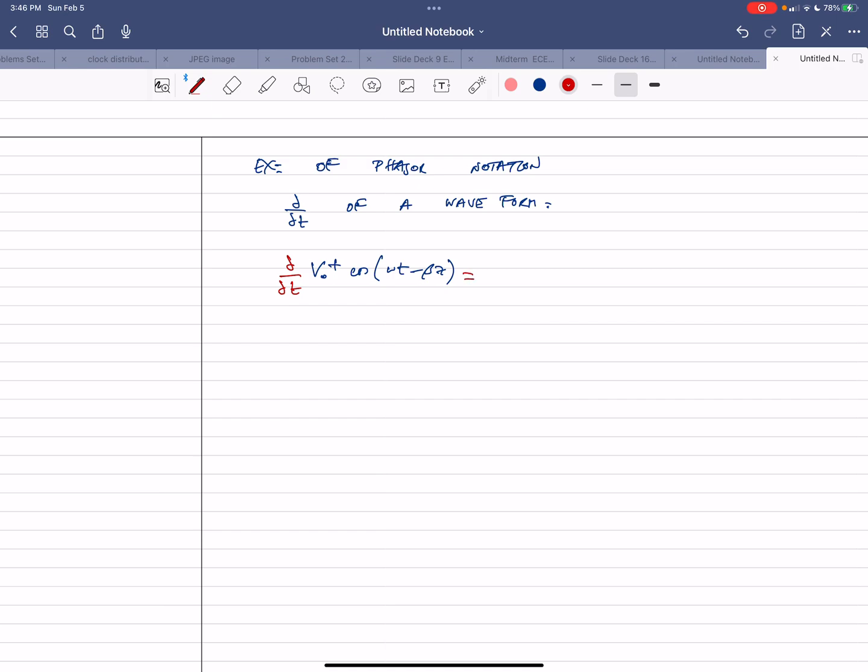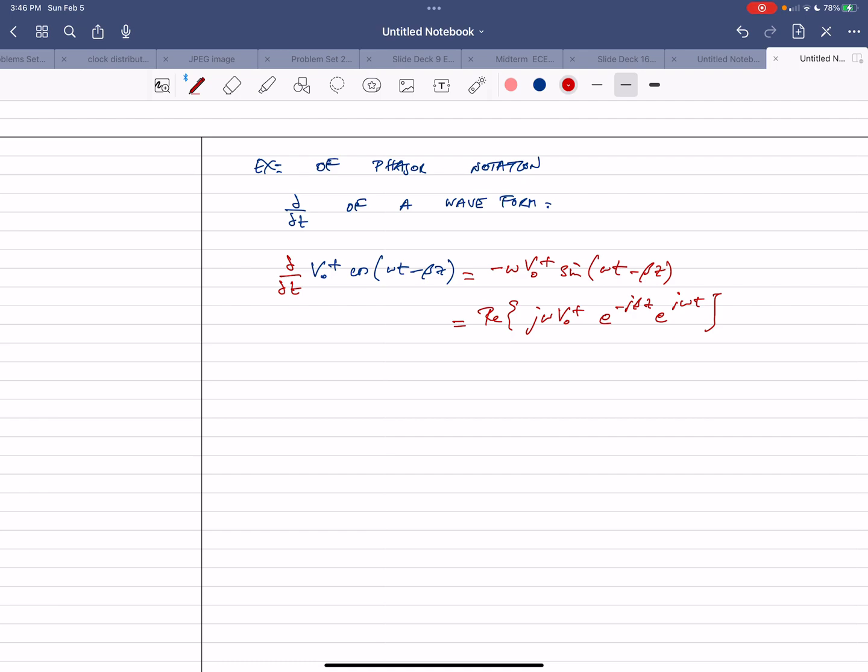That ends up being minus omega V0 plus sine of omega t minus beta z. And that's equal to the real part of j omega V0 plus e to the minus j beta z e to the j omega t.